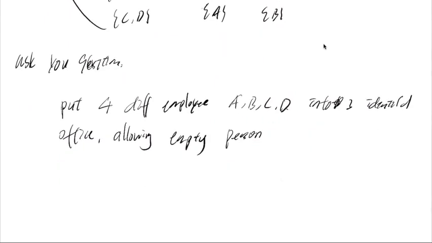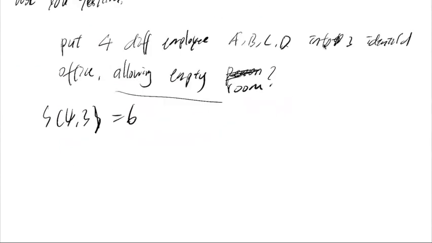If I don't allow an empty room, that's directly S(4, 3), because that's exactly what S(4, 3) is talking about. But now I'm allowing the empty room, so we need to get rid of this restriction. How do we get rid of this restriction? We translate this problem into a different problem.